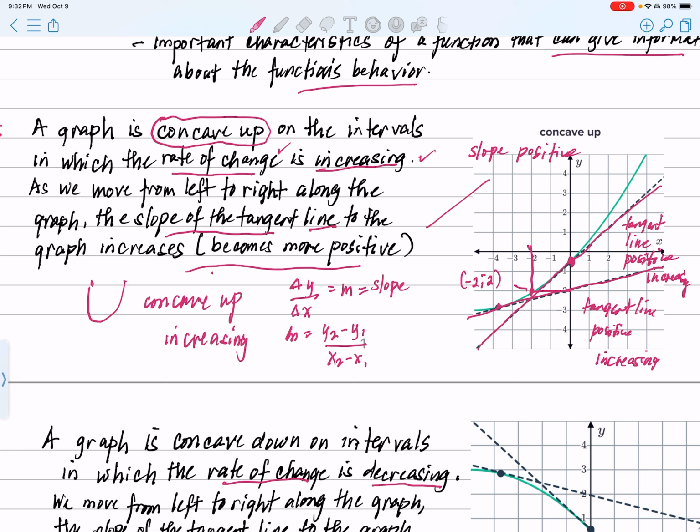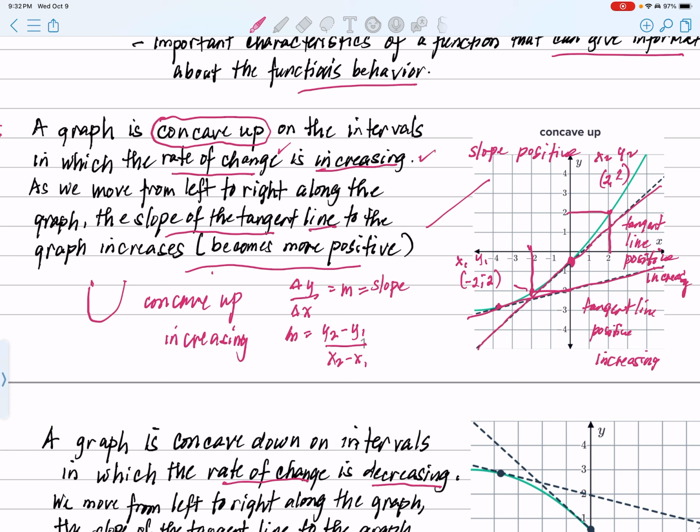How about if I choose this point right here that is on the graph? What is the input value? That is positive 2, and the output value is 2. Okay, I want you to observe those 2 points. See, I will make this x1, y1, and this x2, y2.